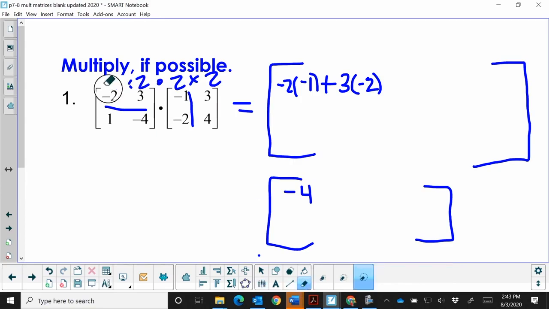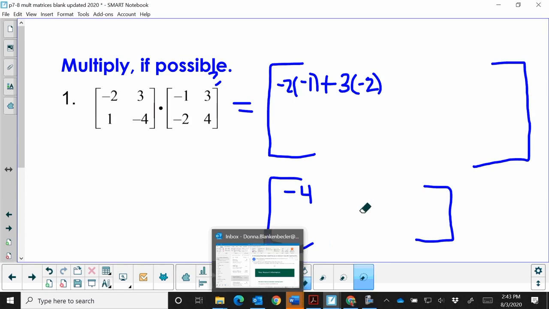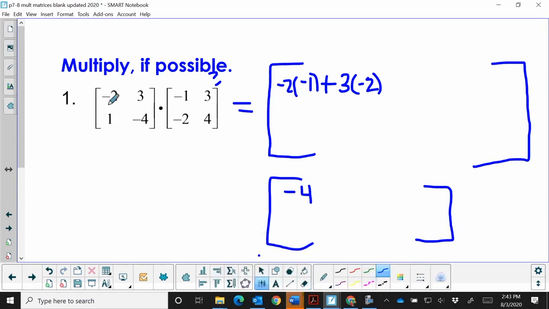Now let's go to the top row again. Top row, second column. Well, that's going to be over here. So let's multiply -2 times +3 this time.